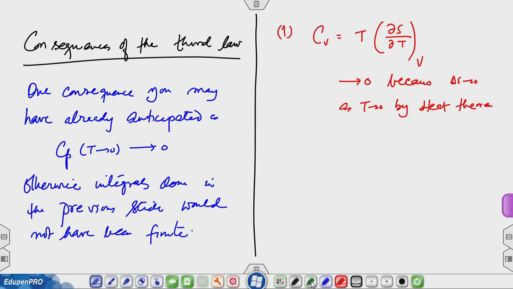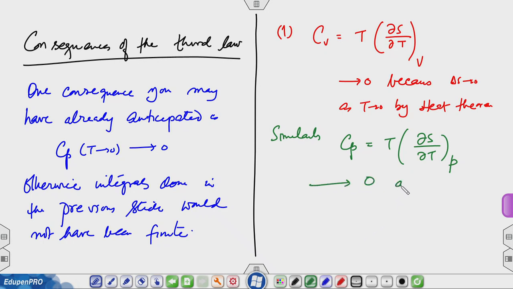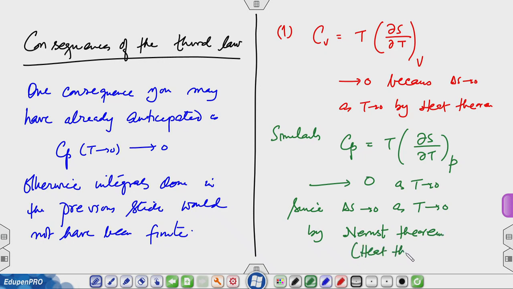Similarly, Cp, which is T dS/dT at constant pressure, will also go to 0 as T goes to 0, since delta S goes to 0 as T tends to 0 by the Nernst theorem or the heat theorem. So, this is one consequence of the third law, that all the heat capacities will go to 0 as temperature tends to 0.